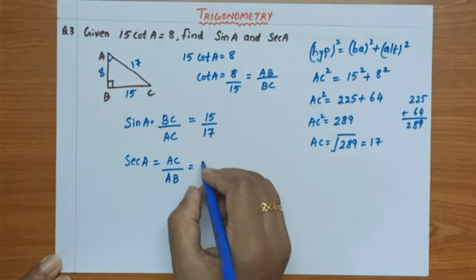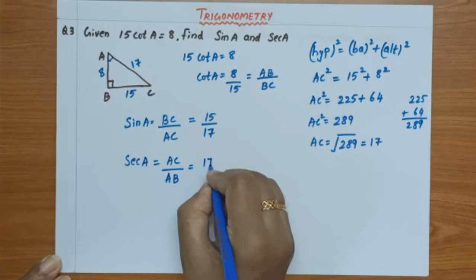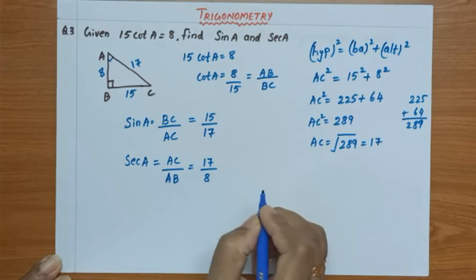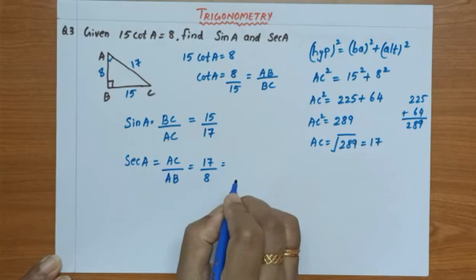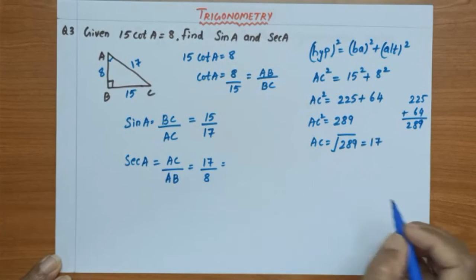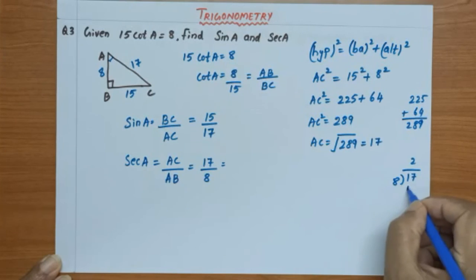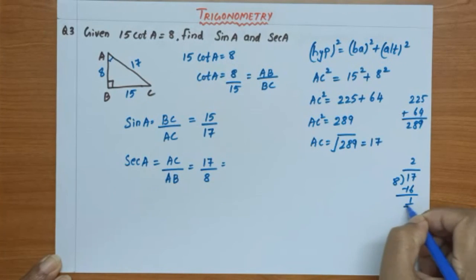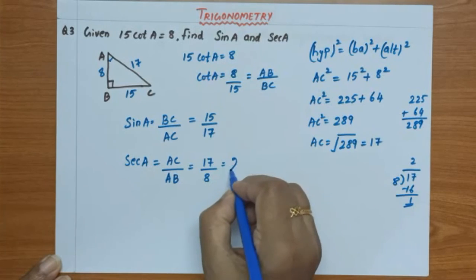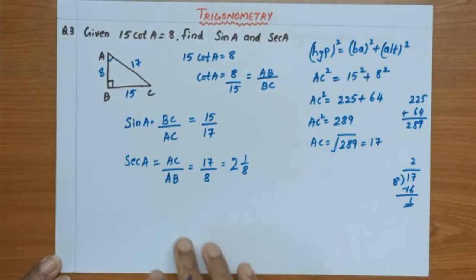So that is 17 by 8. When the numerator is big, we can divide and write. The answer we will get 17 by 8. 8 2s are 16, remainder 1. We can write 2 1 by 8.